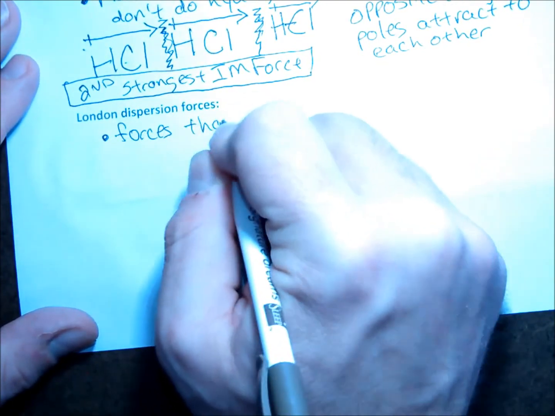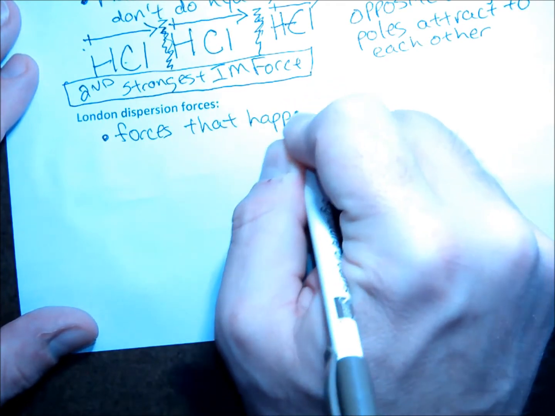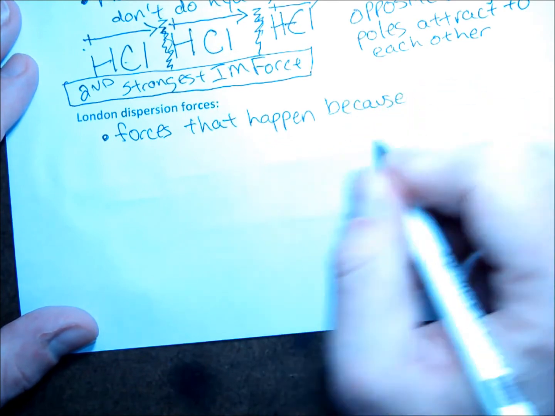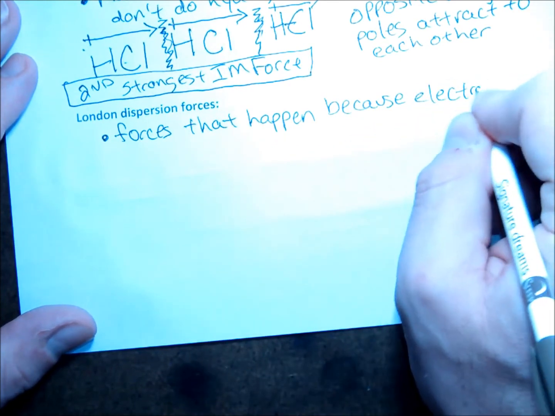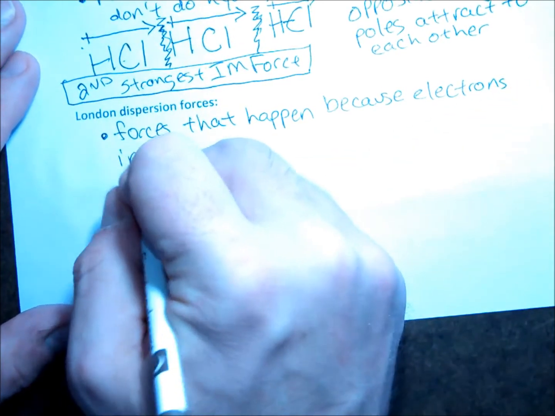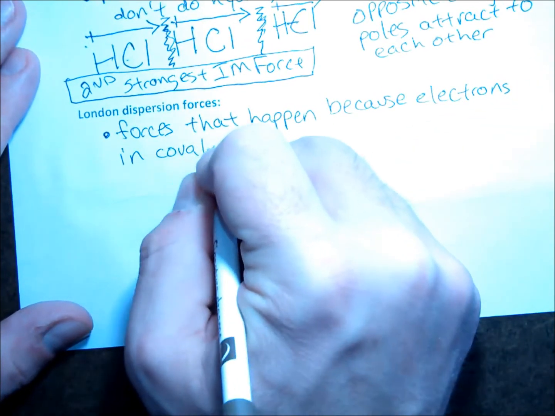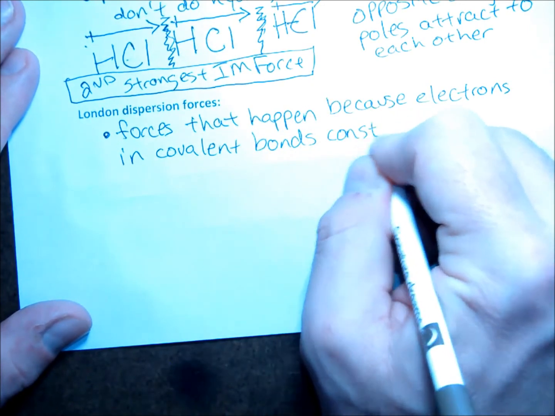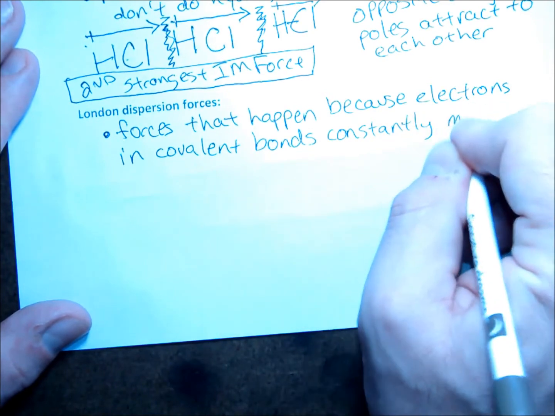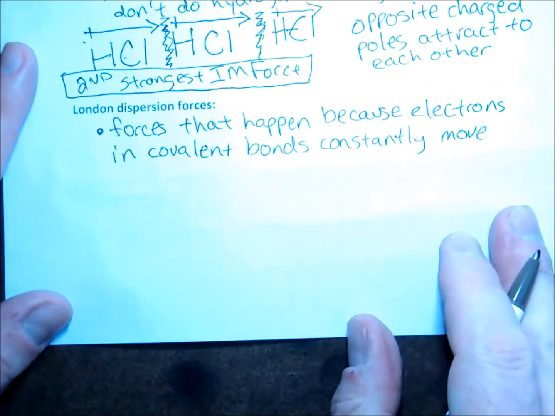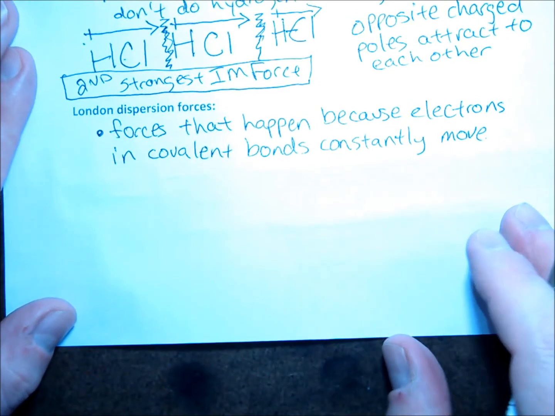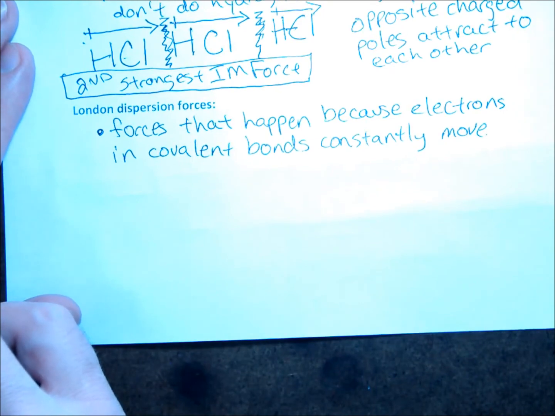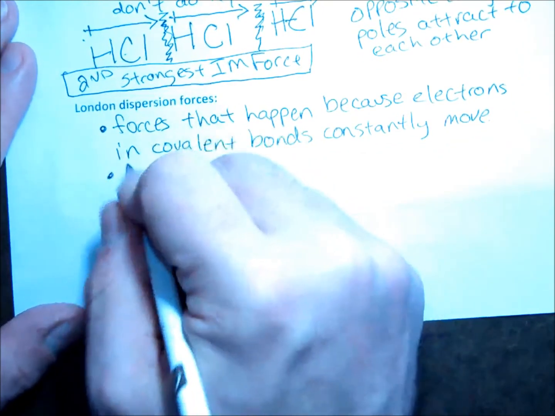These are forces that happen because electrons in covalent bonds constantly move. Okay. Electrons in covalent bonds stayed still and never moved. London dispersion forces could not happen. Okay.